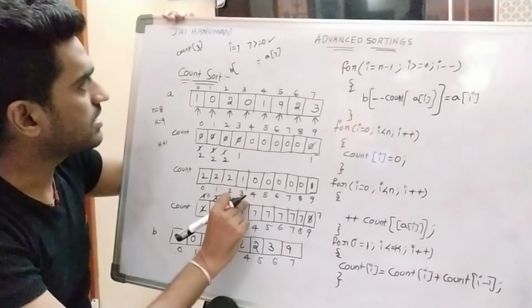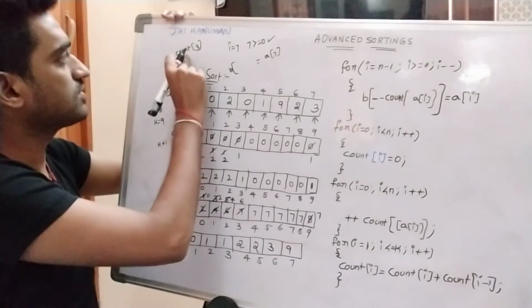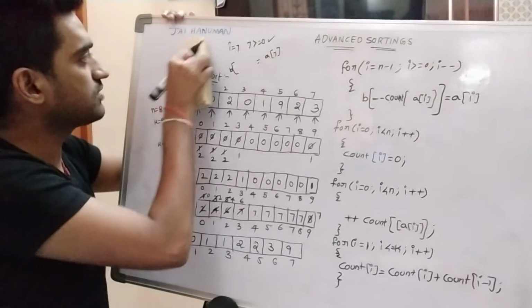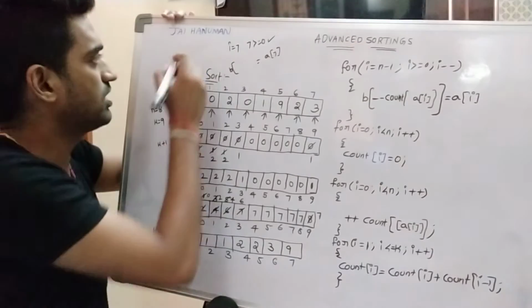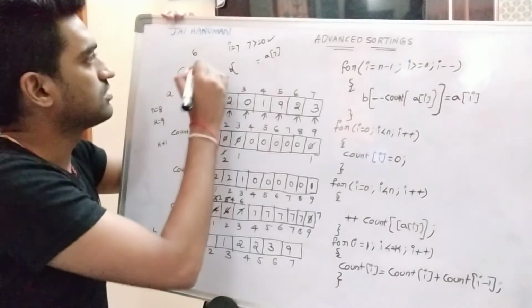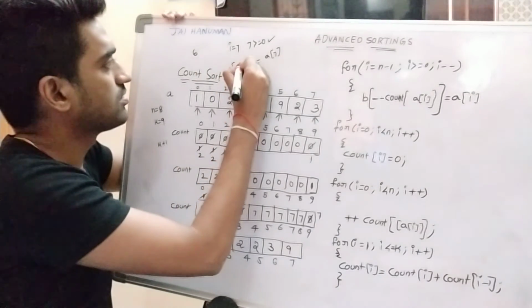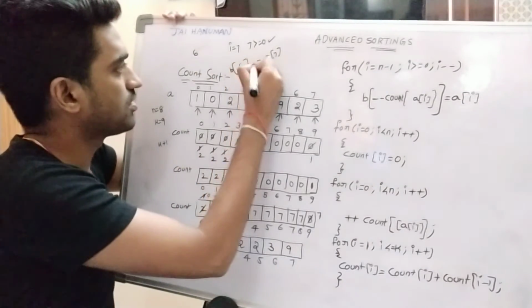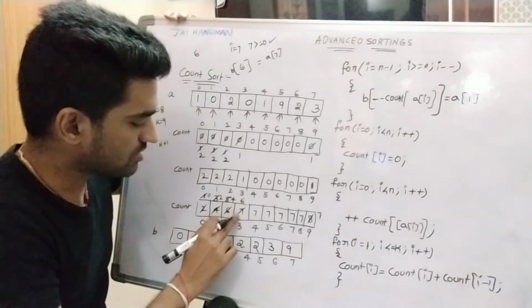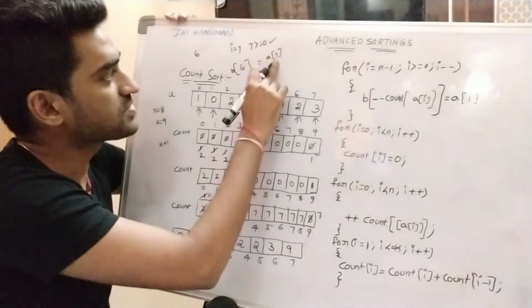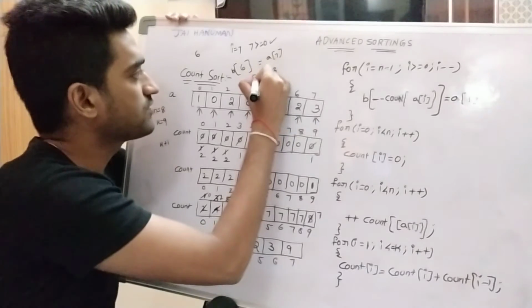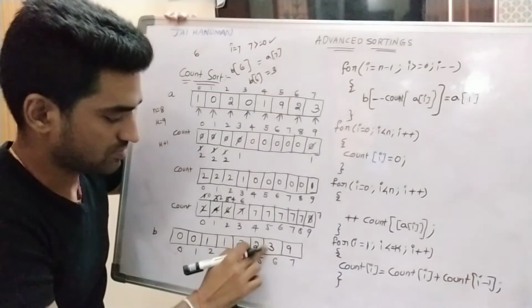So at B of the 6th position we are storing the A of 7 value. What is the A of 7 value? 3. Now B of 6 stores the 3.